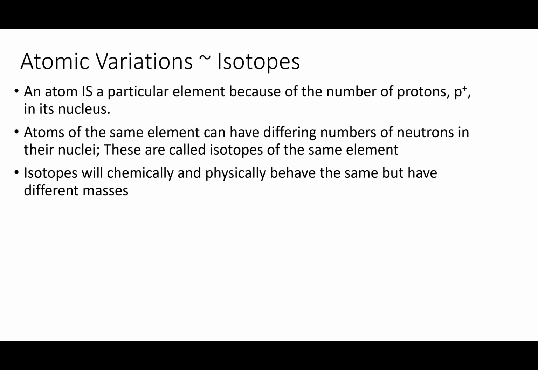I'm going to call this carbon-14, and actually this is carbon-12. This is normal carbon. This is abnormal carbon. And that 12 is what we call the mass number.